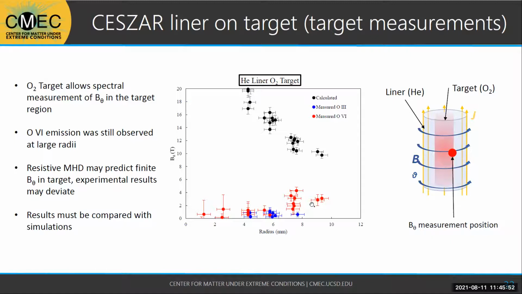So these are pretty large radii, even though the central gas jet is not supposed to be out this far. We're still seeing oxygen out there. And in these cases, this is at the same interface as what appears on the imaging camera. Still, we were able to make measurements at a smaller radius, and we are working on MHD simulations to look at that. I have a little bit of the preliminary simulations to show next.